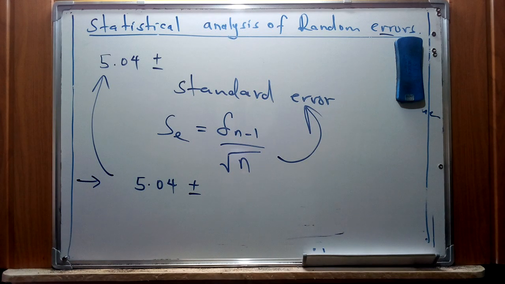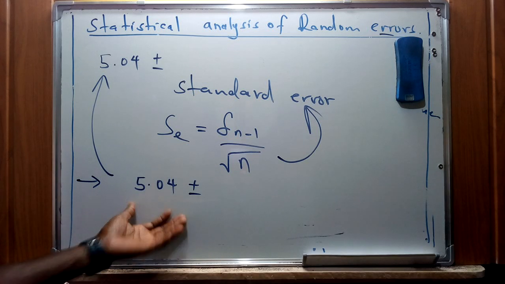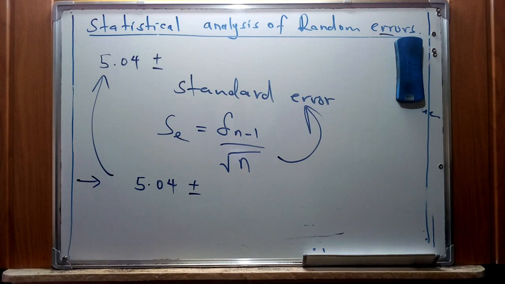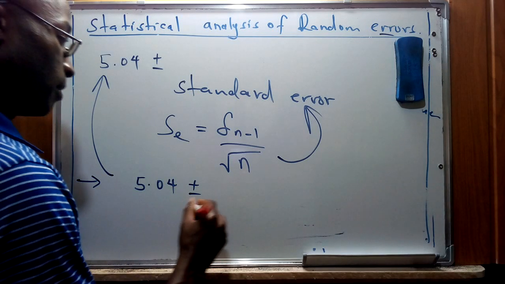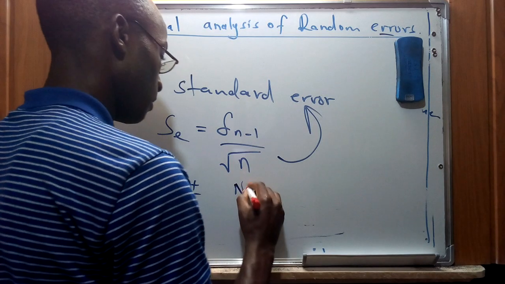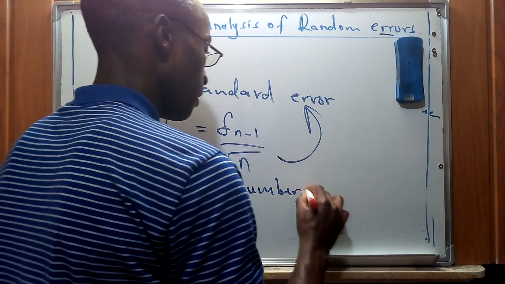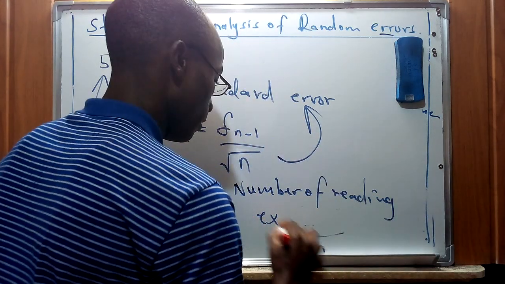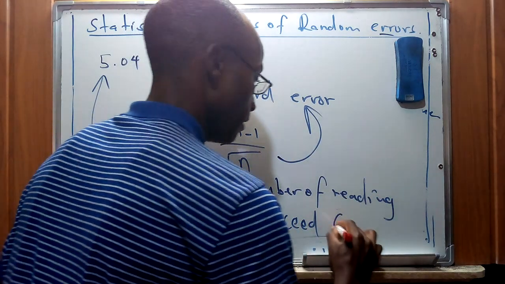Now, we're going to see that there is a condition in trying to give an expression for this error that we refer to as standard error. It's going to be expressed when the number of readings exceeds, or is more than, 6.